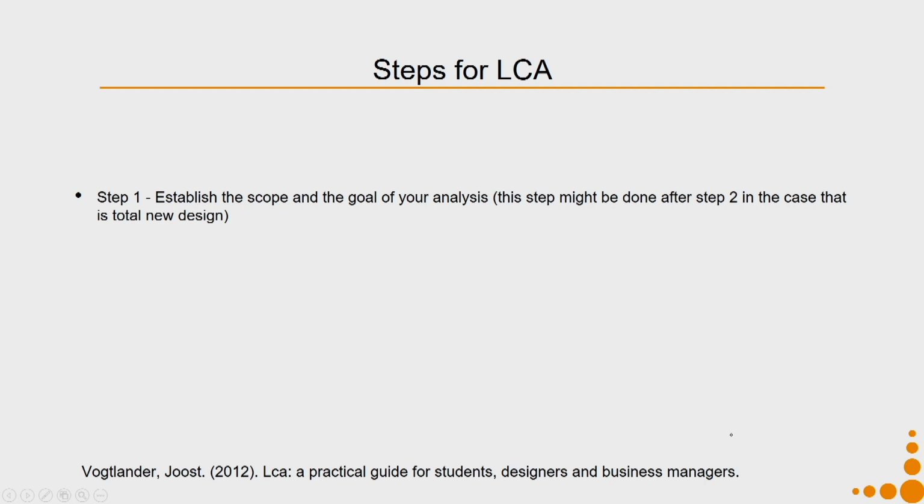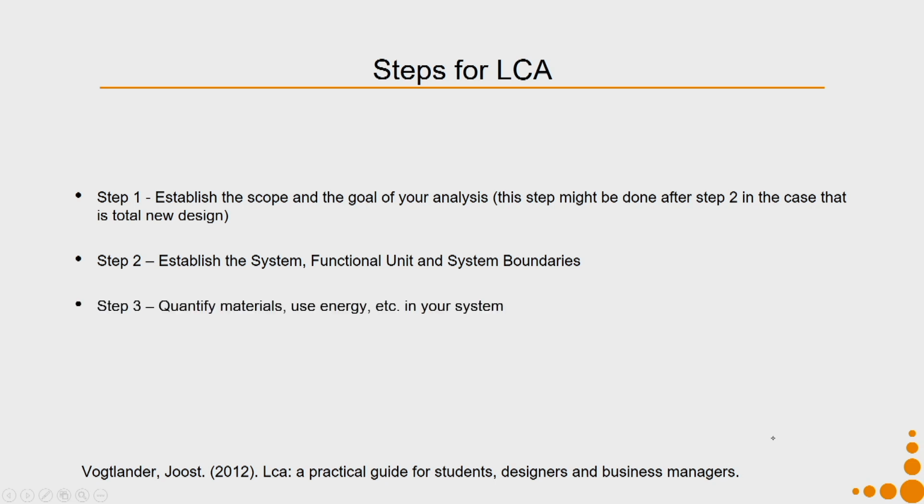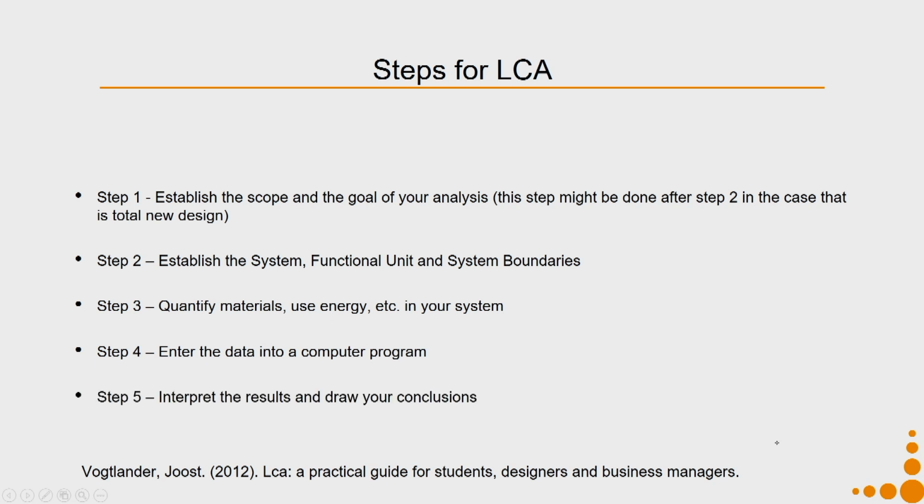This step might be done after step 2 in case it is a totally new design. We have already discussed it. Then we establish the system, functional unit and system boundaries. We quantify the materials, use energy, etc. in the system. Then we enter the data into a computer program. In our case, we will enter it into this particular app. Then we will interpret the results and draw our conclusions.